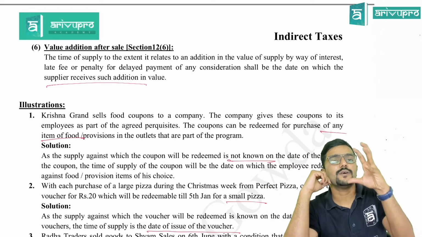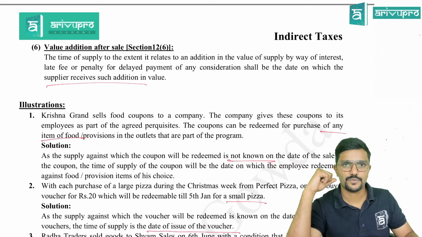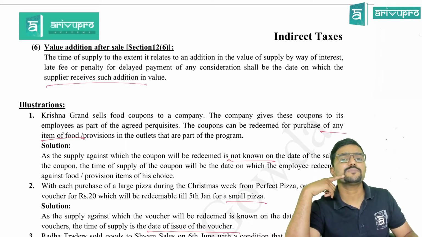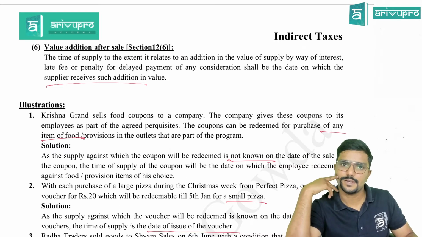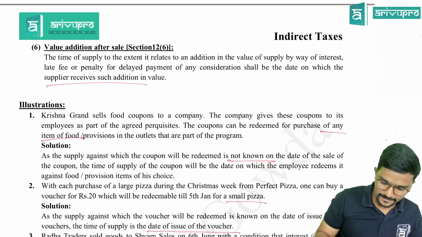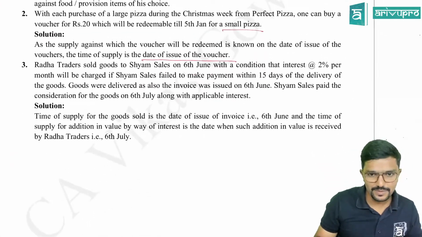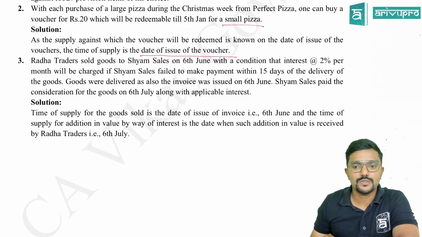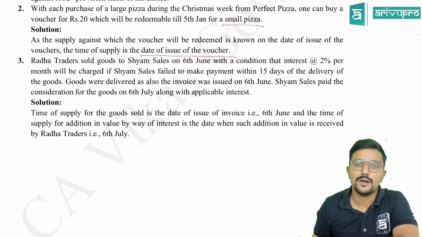So only for that addition, the time of supply will be the date of receipt. Whereas for the amount which was initially charged, the time of supply will always be as per section 12.2, guys, under forward charge. I have one illustration here, the third one. Radha Traders sold goods to Sham Sales on 6th June with the condition that interest at 2% per month will be charged if Sham Sales fails to make payment within 15 days of delivery of the goods.